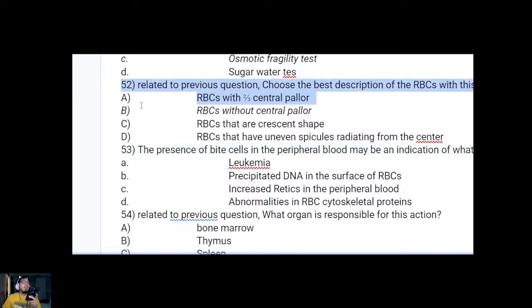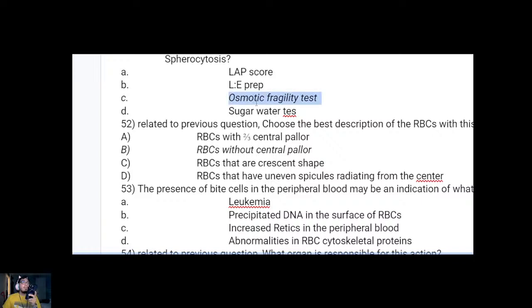52. Correct answer. Oo, ang correct is 2/3. 51 is C. So spherocytosis, letter A kasi mas maliit yung central pallor.